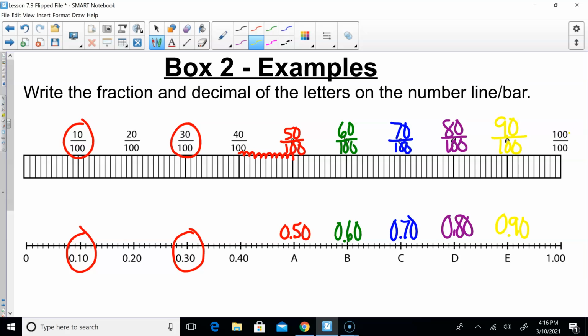And notice when we get to a whole, we have 100 over 100, or just 1.00. There's a whole, and there's nothing in our tenths or hundredths place value. So you can write down this model of examples, showing how the numbers keep going up and, more importantly, how these two numbers relate to each other.